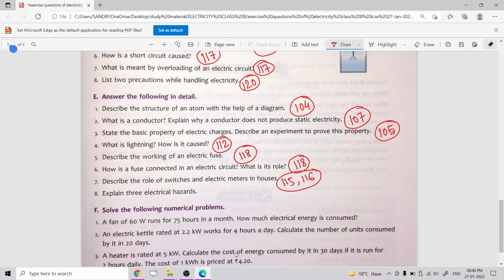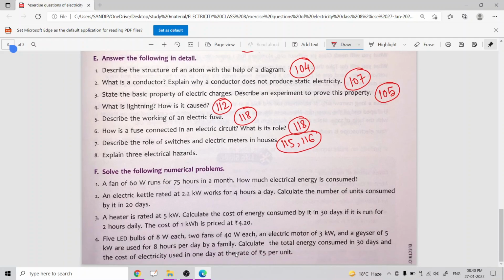When the switch is on then we get current electricity, and when the switch is off then we do not get any type of current. And generally we use electric meters in houses to measure the consumption of energy that is used.